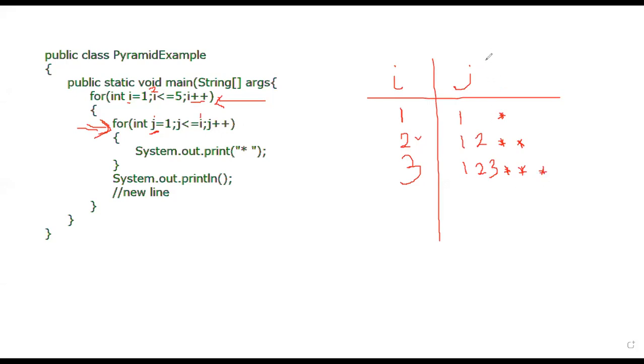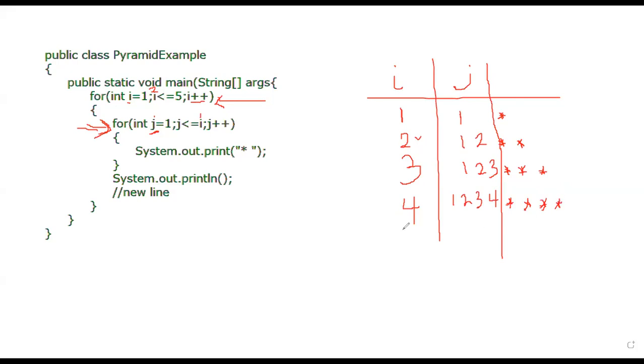So you notice how the asterisks will be printed. When I gets to 4, j will be 1, 2, 3, 4. That means we are going to print 4 asterisks.